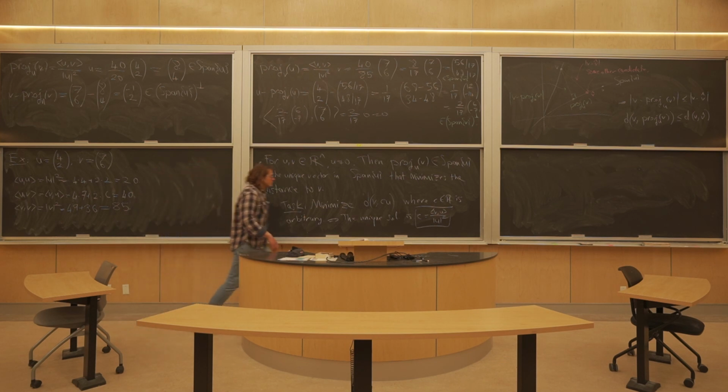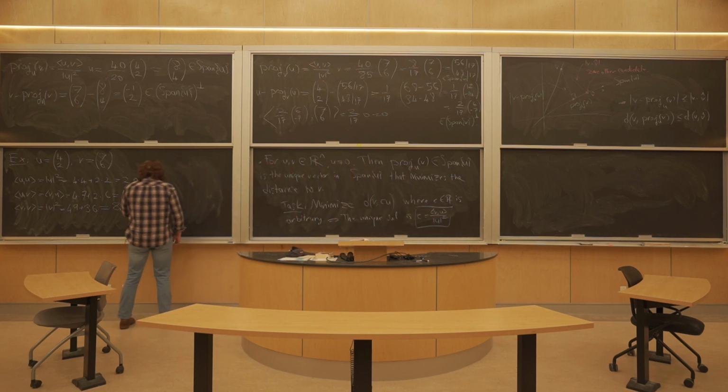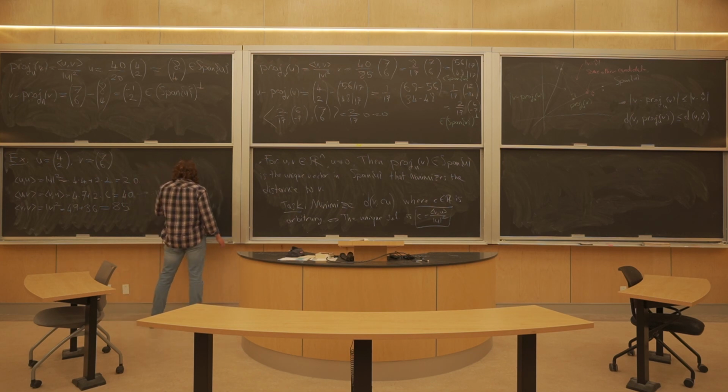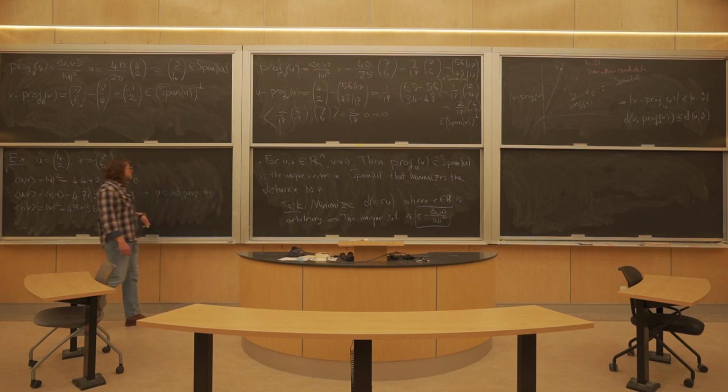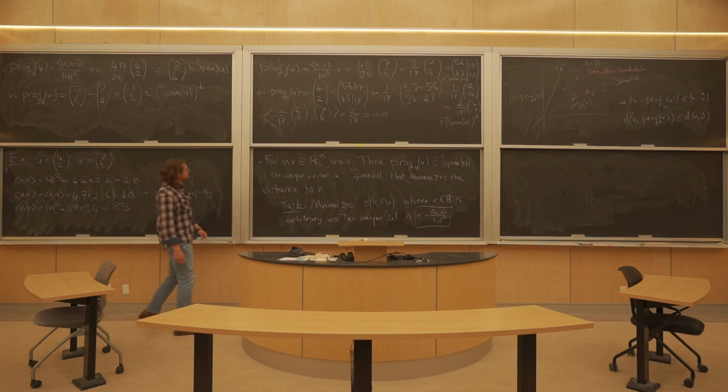So let me write it here. So this tells me that u is not perpendicular to v. What do I want to do? Maybe I should just erase this.